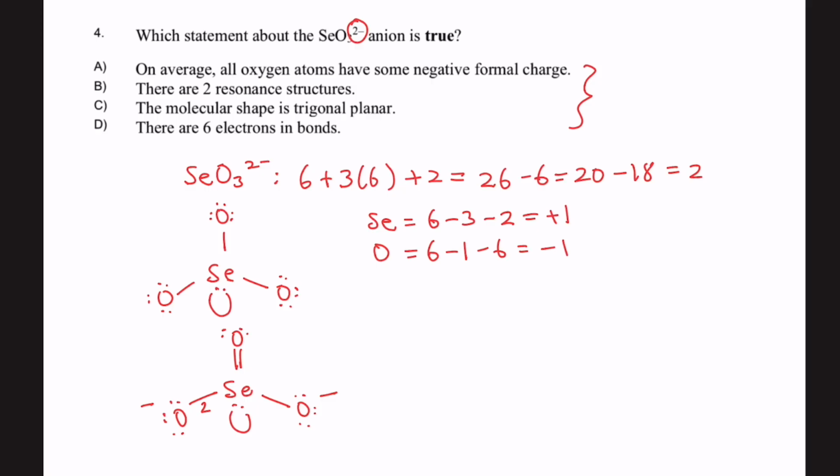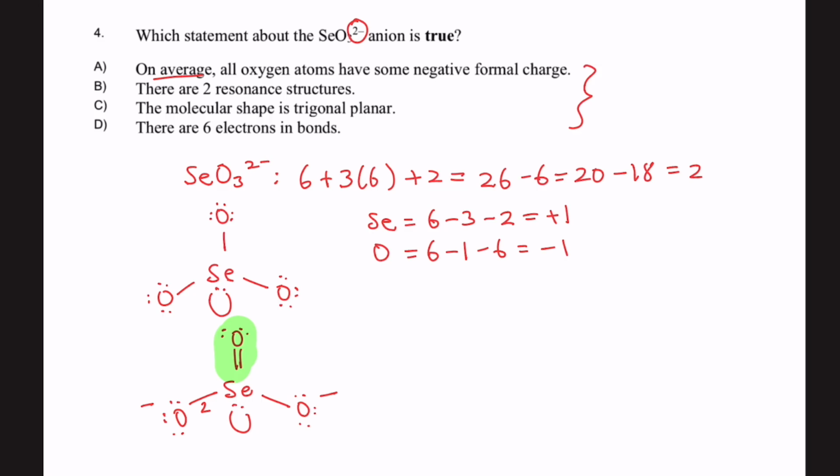So A, on average, all oxygen atoms have some negative formal charge. What's really important about this is it says on average. Some people might think, well, this oxygen over here has a formal charge of 0, so that can't be true, but it says on average.